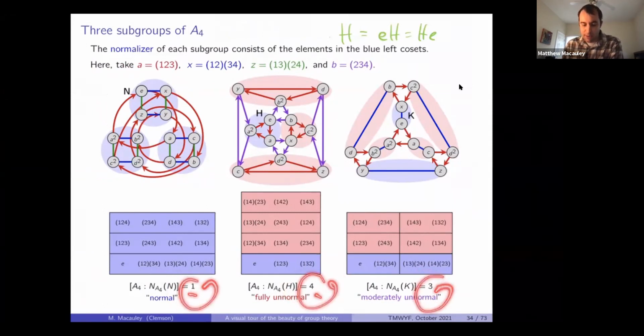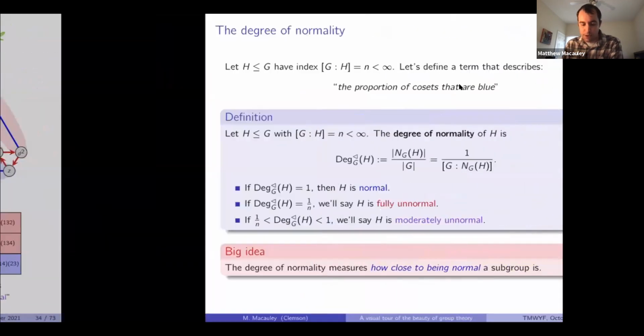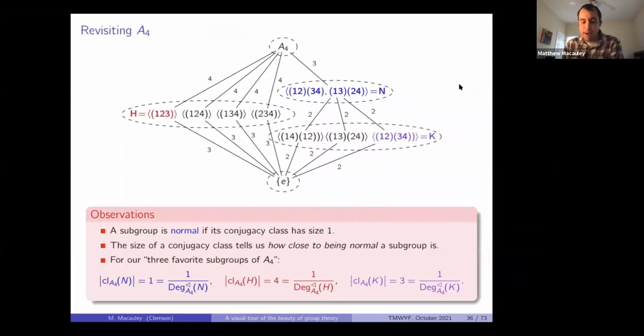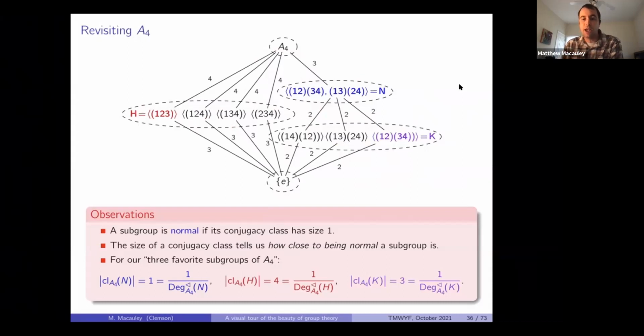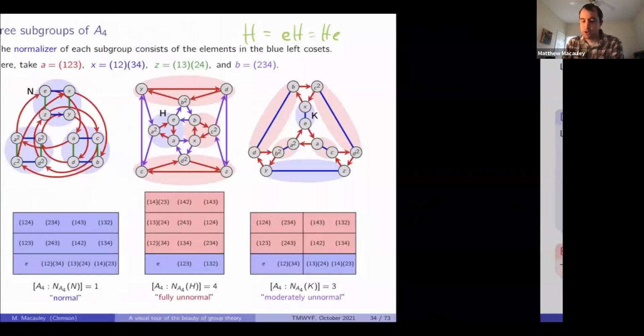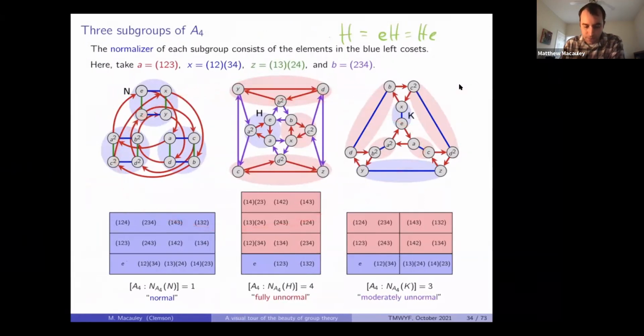And that's how I define fully normal and moderately unnormal. I'm not going to do this slide, but that measures the same thing as how wide these fans are. This is an immediate consequence of the orbit stabilizer theorem, but I throw this in a lot earlier because it really helps. This picture tells so much.